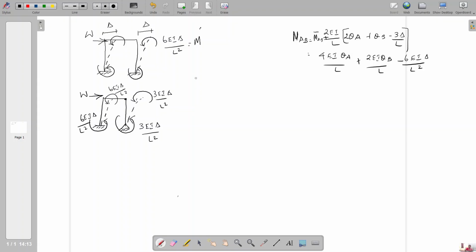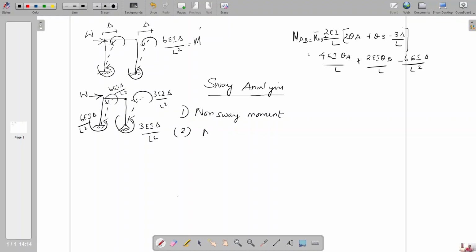And the sway analysis for a given structure or frame comprises of, first, the calculation of non-sway moment.